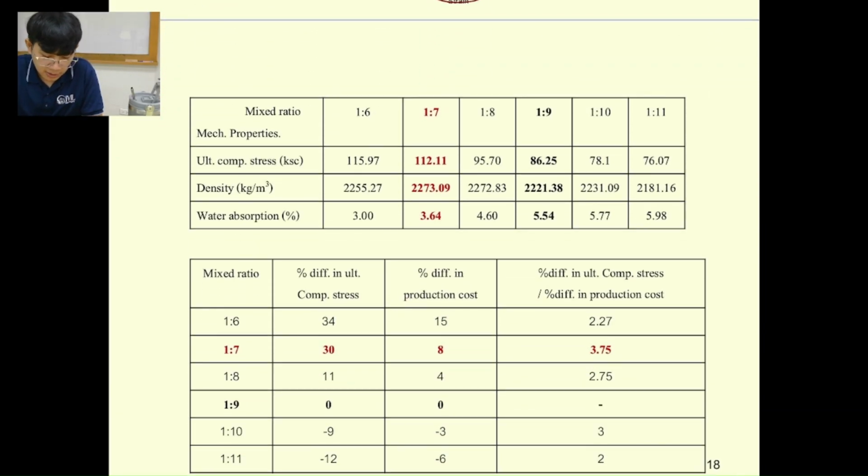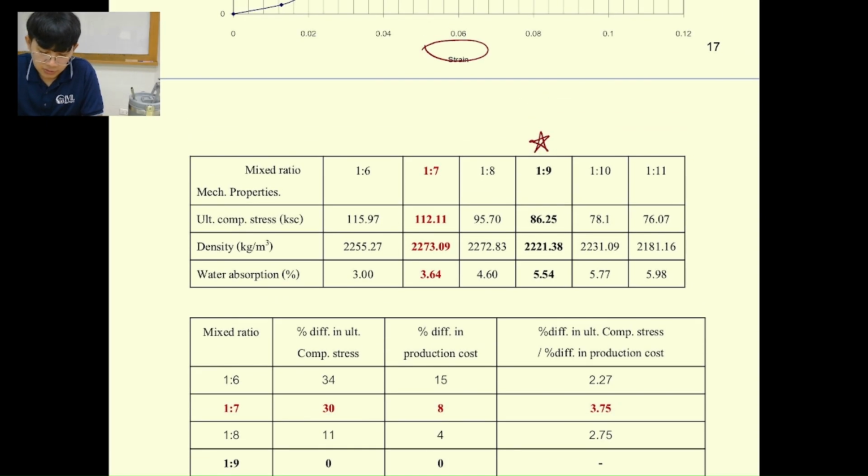For example, in his current product, they use 1/9, and then he went to our lab and tested different ratios, like 1/6, 1/7, 1/8, 1/9, 1/10, and 1/11 to see the mechanical properties and the unit weight.